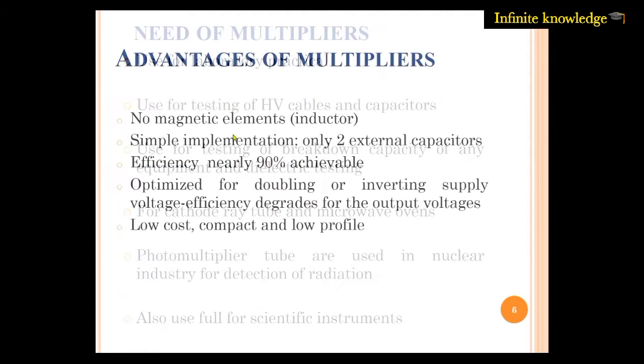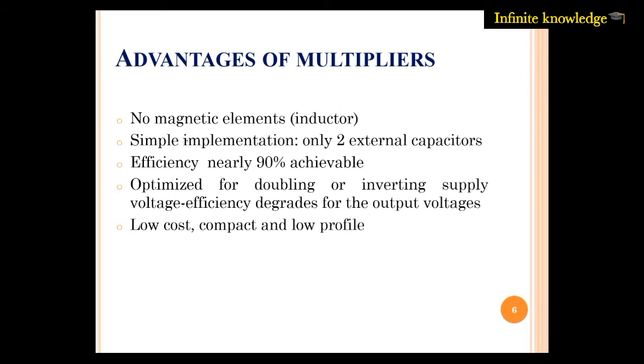Now we go further. What is the advantage of this multiplier? No magnetic element, so there is no magnetic interference, because we did not use any inductor in this circuit. Simple implementation, only external capacitors are required.